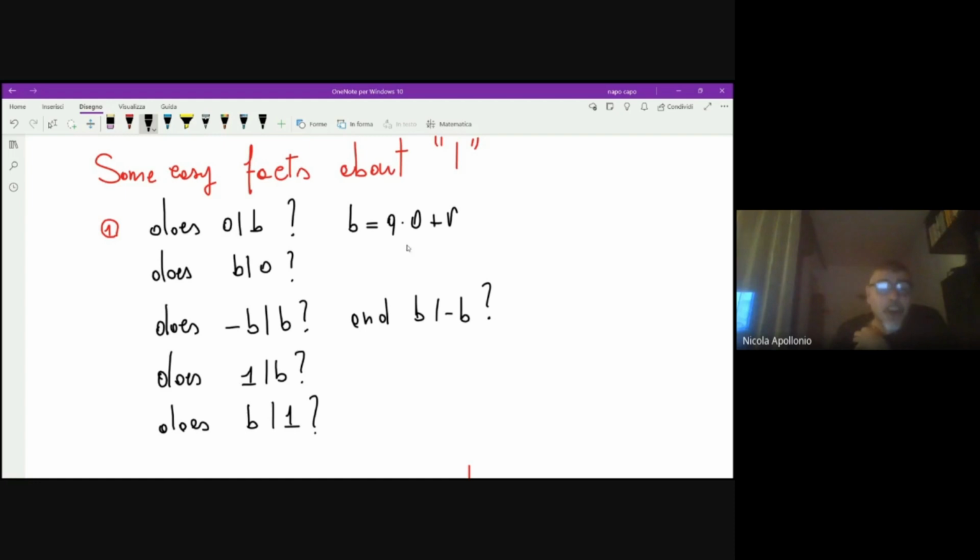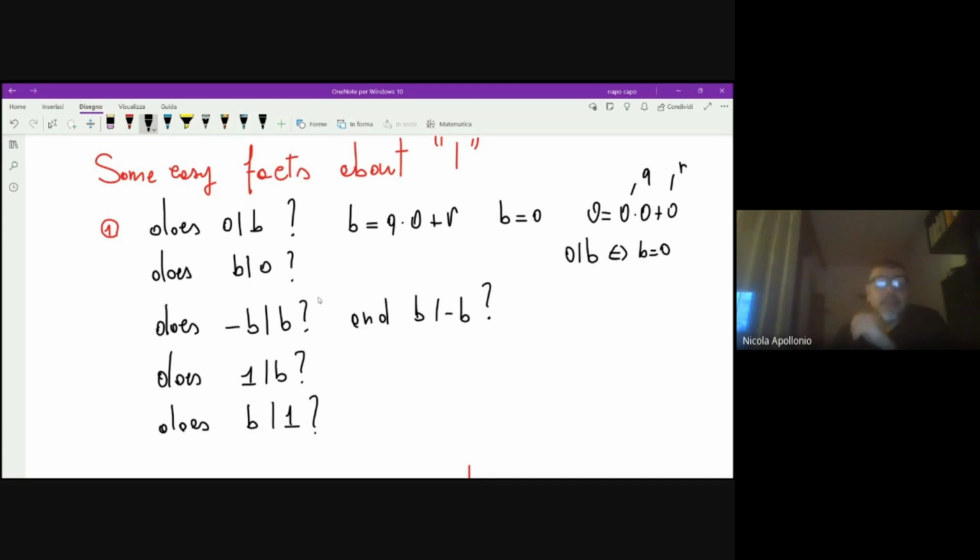No, clearly not, unless B is equal to 0. If B is equal to 0, then this is true. 0 is equal to 0 times 0 plus 0. This is Q, this is R. So we learned that 0 divides B if and only if B is equal to 0.